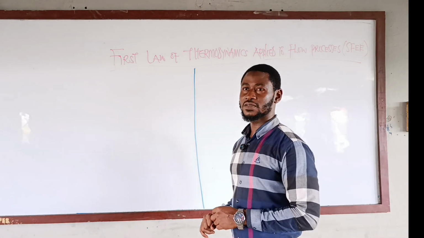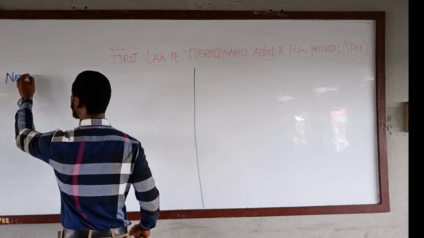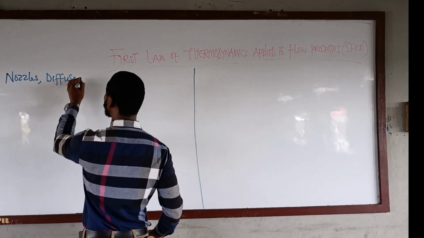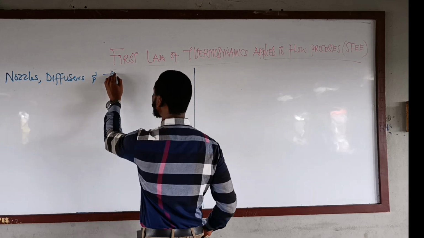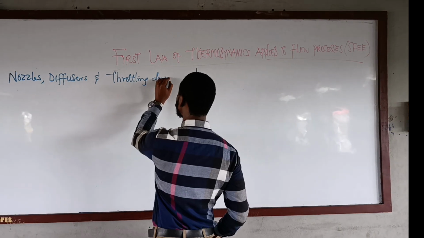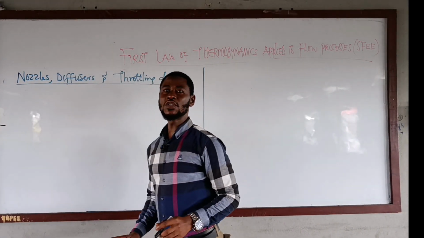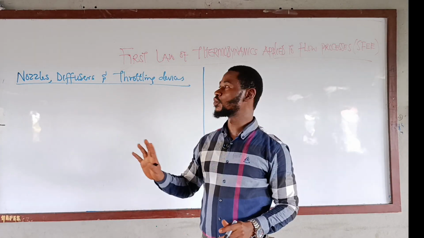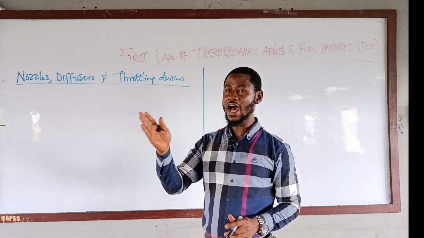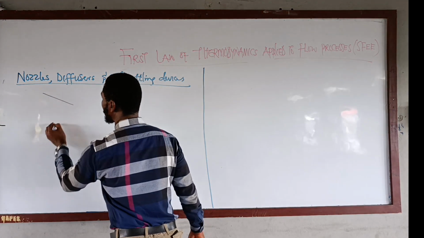The next phase is nozzles, diffusers, and throttling devices. Now I'm going to use one schematic to bring out these three things that I have just written on the board, which are nozzles, diffusers, and the throttling device.